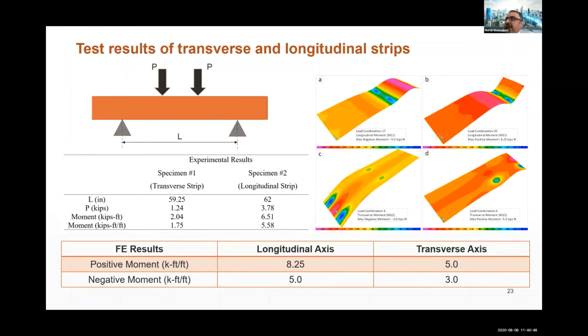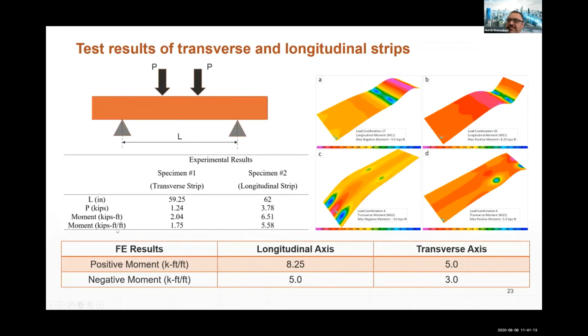So as I showed you before, based on those 131 load combinations and loading scenarios, we found the most critical moments in negative and positive direction, and in longitudinal and transverse. And here are the results of the experiment for specimen 1 and specimen 2.